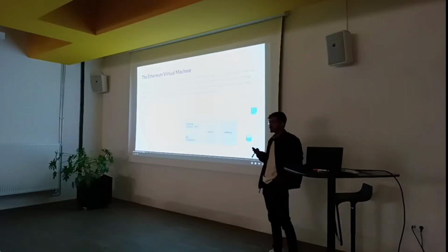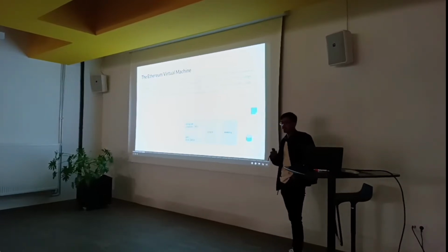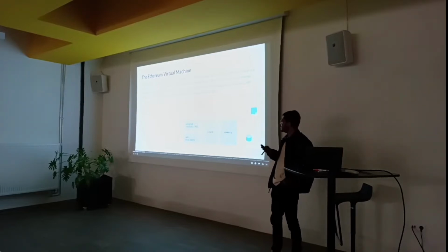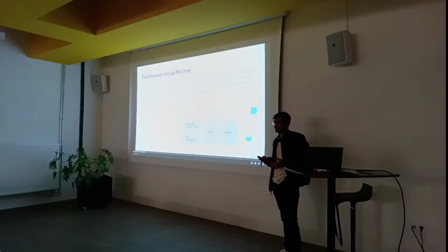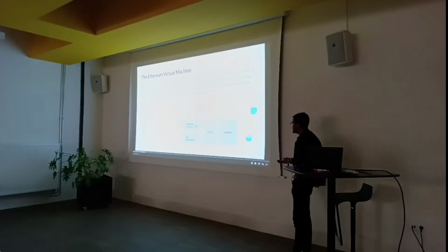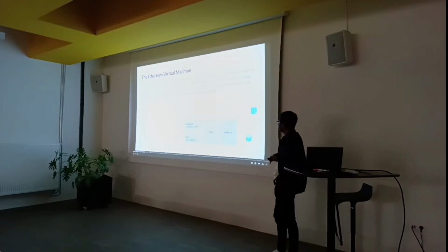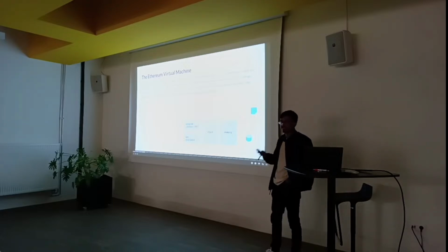The way you can look at the EVM is that it's essentially a specification of rules to follow. We'll come to the implementations later, but any set of machine instructions that follows those rules can be called the EVM, so to say. If you look at this diagram, we understand that there's a persistent world state that persists from transaction to transaction.